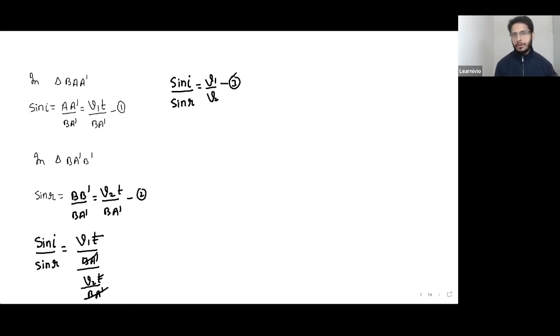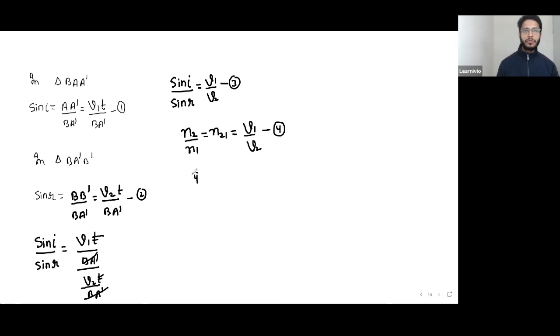Now, using this ratio of speed of light, we can write this in terms of refractive index. This is the definition of refractive index. The refractive index of medium 2 with respect to medium 1, represented by N21, is the ratio of speed of light in medium 1 to speed of light in medium 2. This is equation number 4.